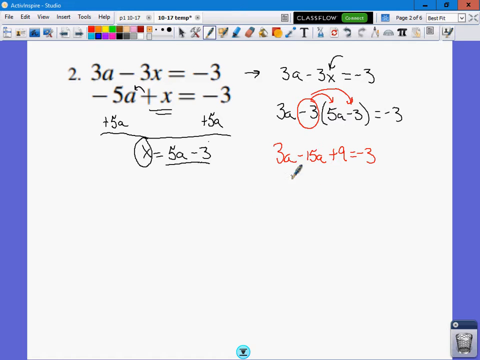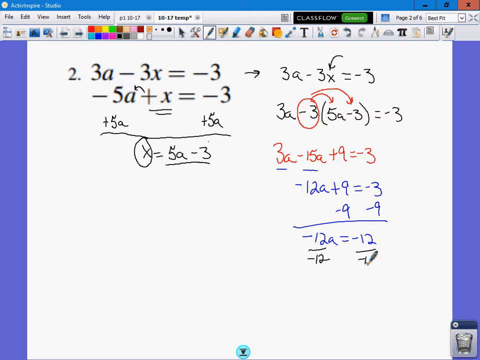I'm going to combine like terms. 3a minus 15a is -12a. Go ahead and subtract 9, getting the a by itself. And then I'm going to divide both sides by -12.